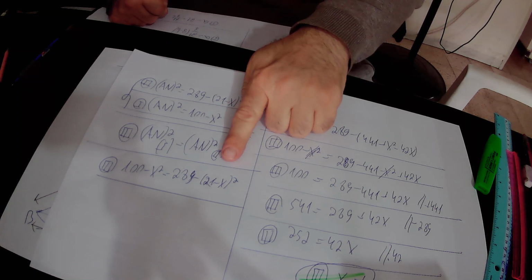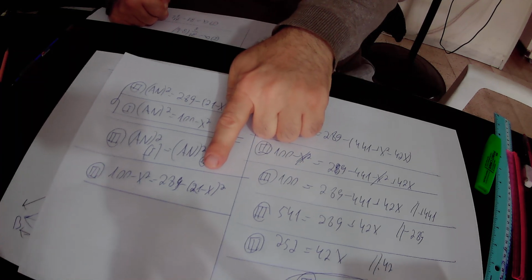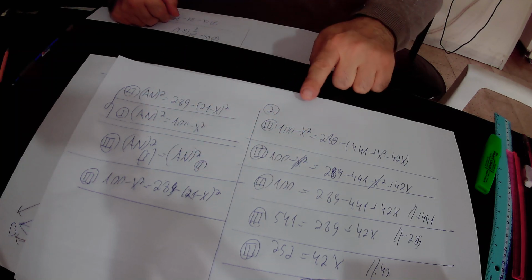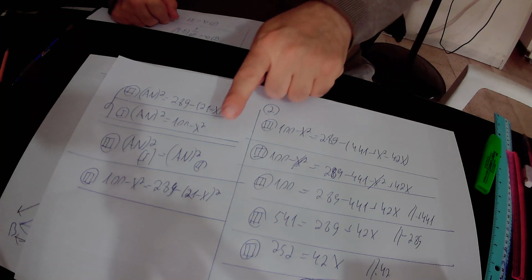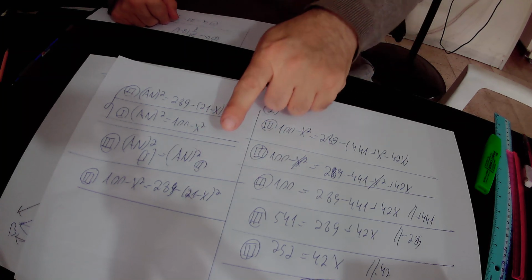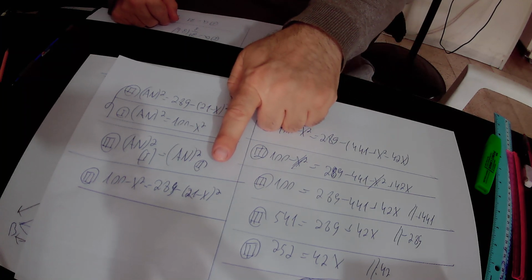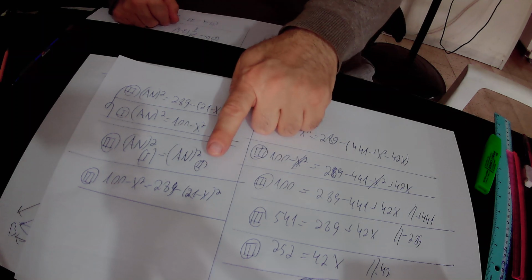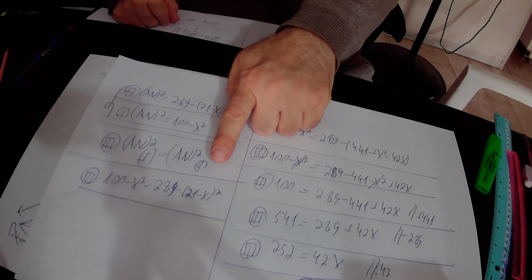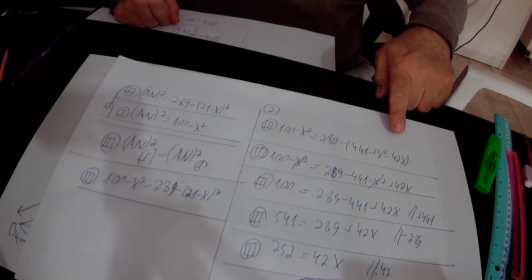Here we open the brackets of this expression and find that according to equation 3, 100 minus x squared equals 289 minus (21 minus x) squared. (21 minus x) squared equals 21 squared, that is 441, plus x squared, minus 2 times 21, that is 42, times x. So it is minus 42x.